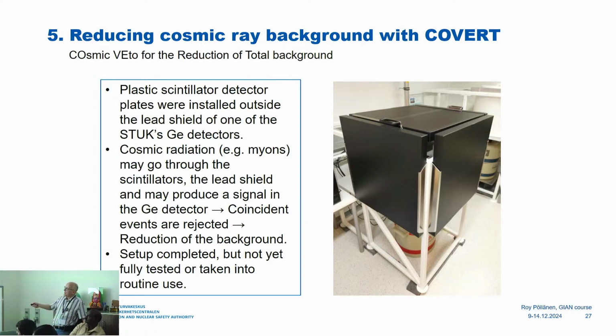And we reject the gamma signal if we have a signal in one of these scintillation detectors. This system is also operating in list mode. This setup is already completed, but it's not yet fully tested, so I will not show any pictures of that.